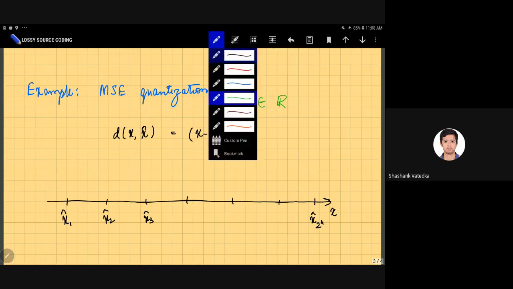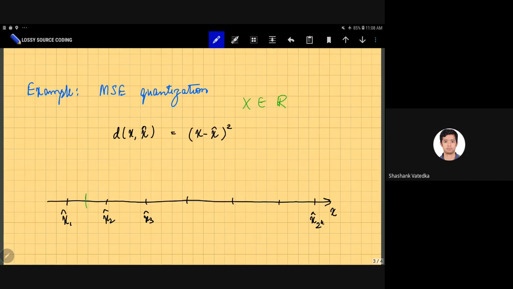So we could design certain thresholds. Let me call these alpha 1, alpha 2, alpha 3, alpha 4, and so on, all the way up to alpha 2 to the k minus 1.